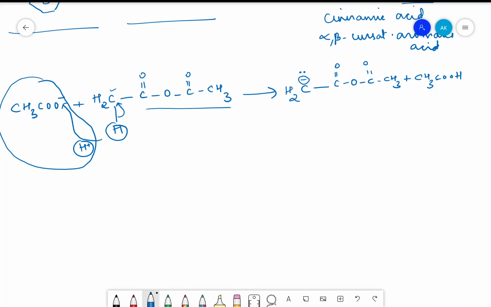So the first step is we are going to generate a negative charge on this particular carbon, that is called the anion of acetic anhydride.